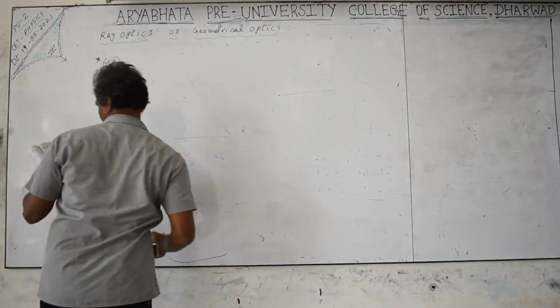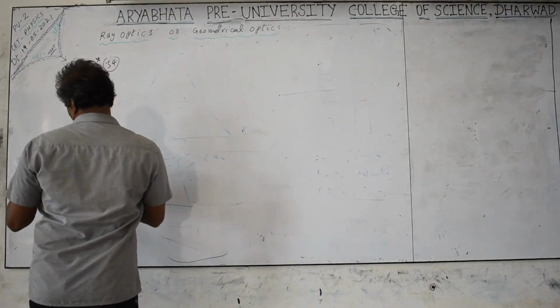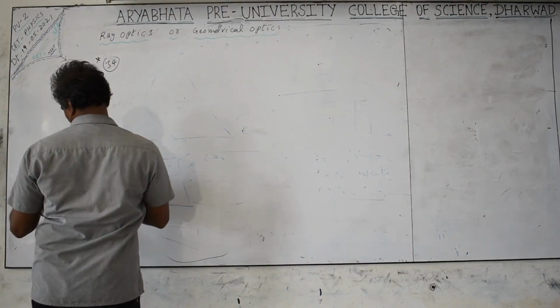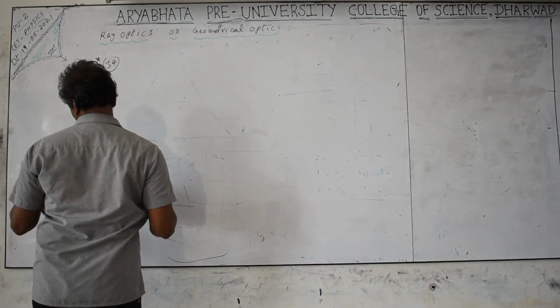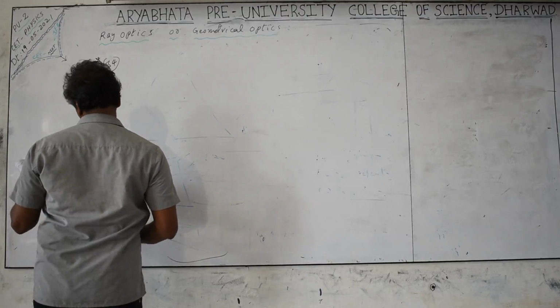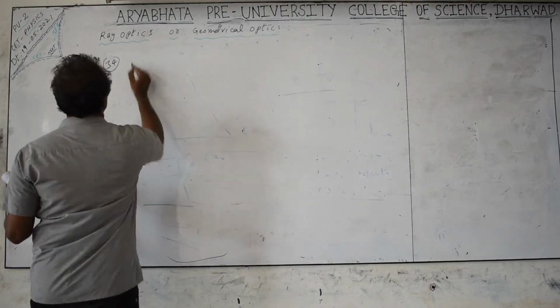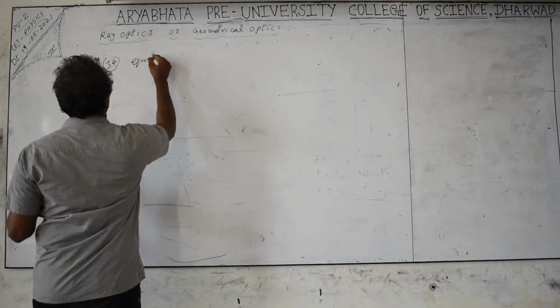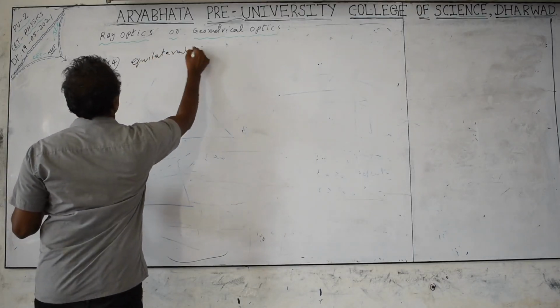It is a simple one, of course. A prism having the refractive index, a ray of light is incident on an equilateral prism in such a way that the angle of incidence is equal to the angle of emergence.